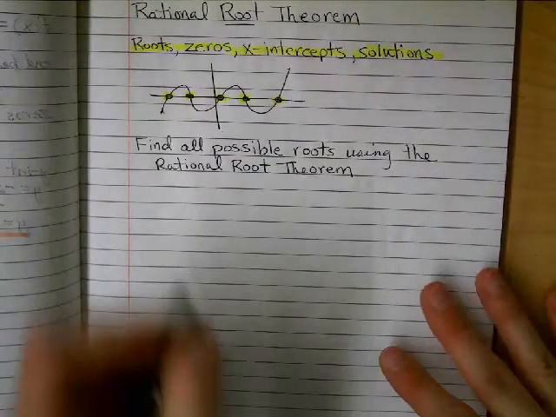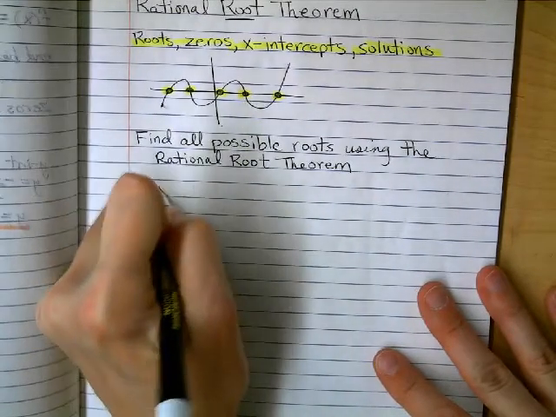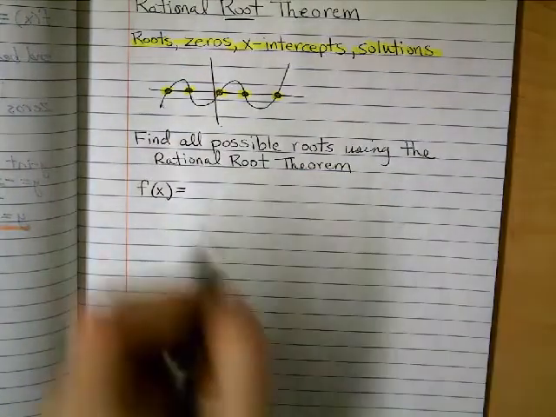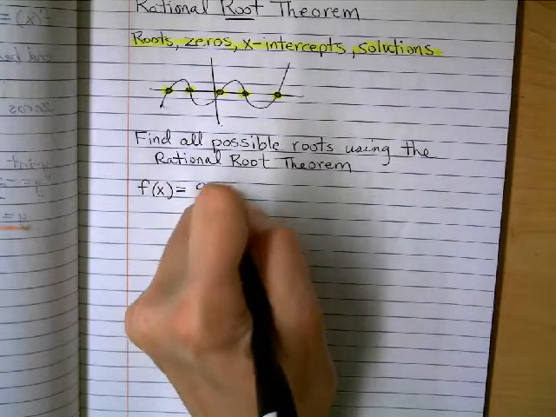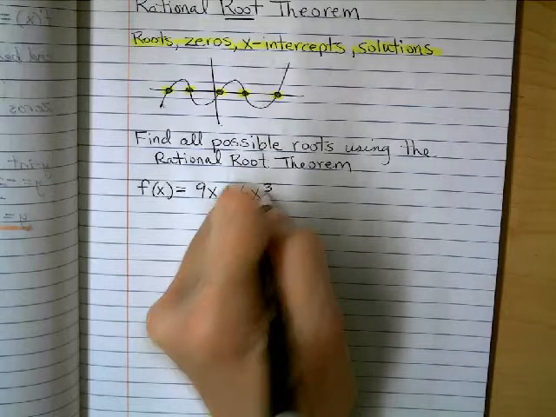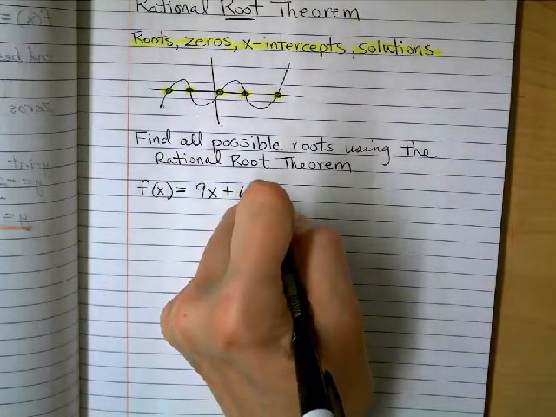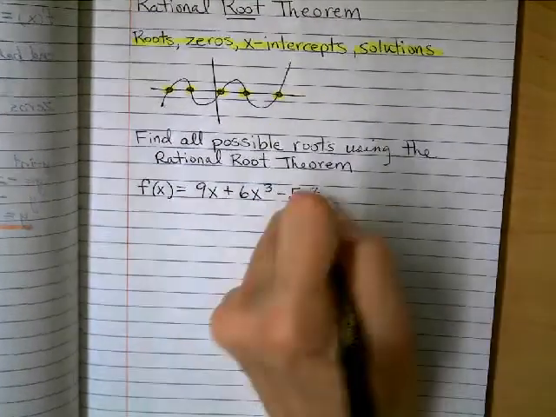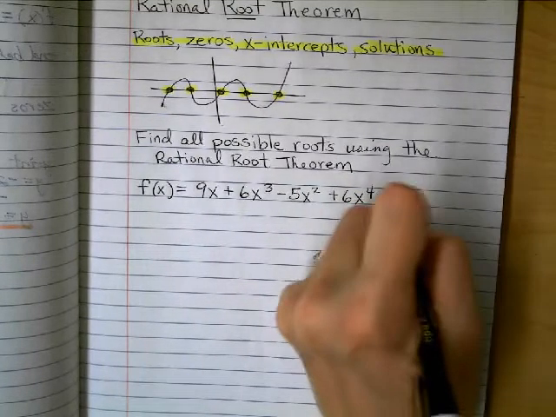All right, so we'll give you an equation like f of x equals 9x plus 6x to the third minus 5x squared plus 6x to the fourth minus 2.